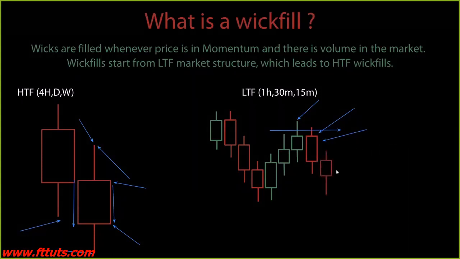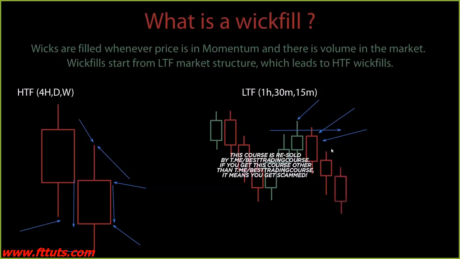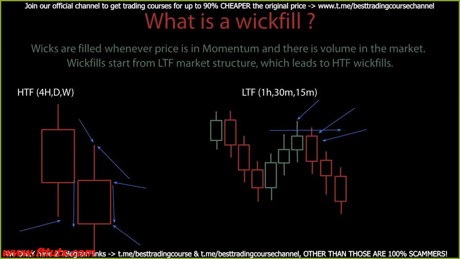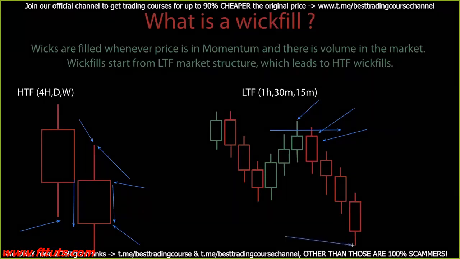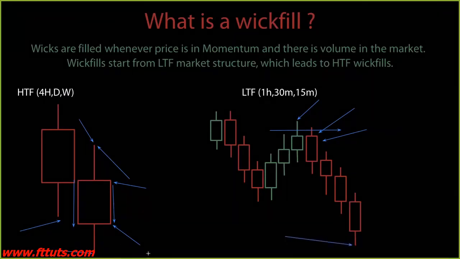Something like this. Now the candles are making lower highs and lower lows, and we go to the next candle, they keep making lower highs and lower lows, right? So this is where you say, okay, now maybe a wick is getting filled, right? So now since the candle is going bearish, we know that maybe the daily candle is making a low right over here, which was the low right here on the left-hand side, right?